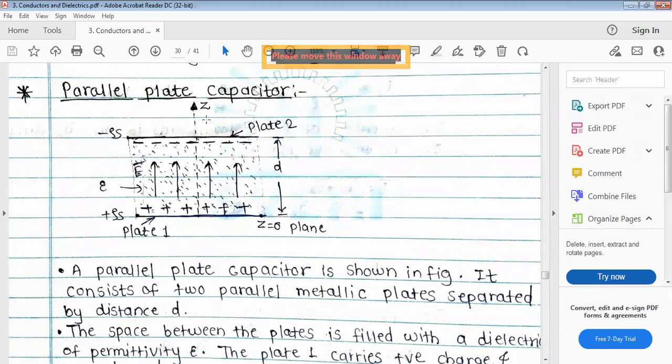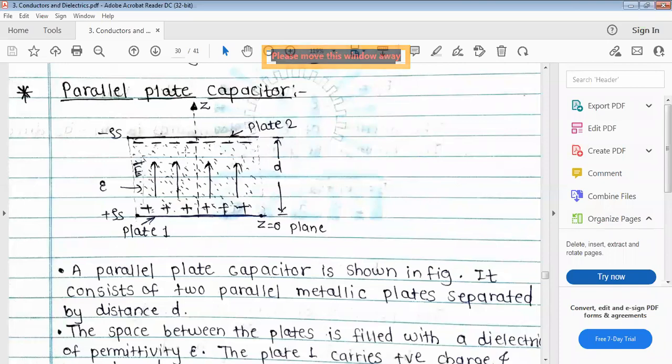Now here, the parallel plate capacitor. All of you know the parallel plate capacitor. When you write the symbol of the capacitor, you are indicating two plates only. So from that you can imagine a parallel plate capacitor. Here consider plate 1. This plate 1 has positive charge and plate 2 has negative charge.